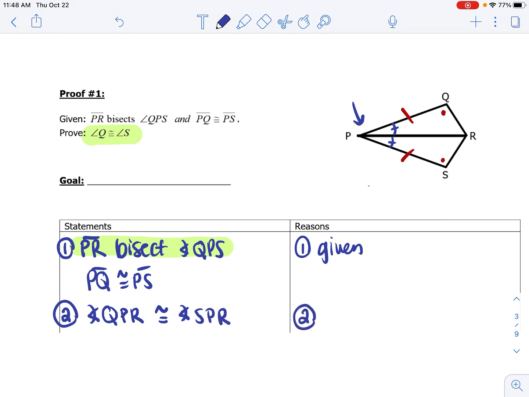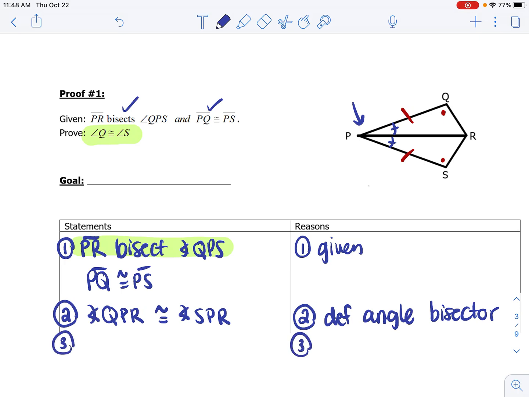And if we look at step 1, it's because we have the definition of an angle bisector. Okay, so we've addressed everything in our given, right? We've marked the diagram for congruence, and we've interpreted that bisecting angle and found what pieces are congruent.